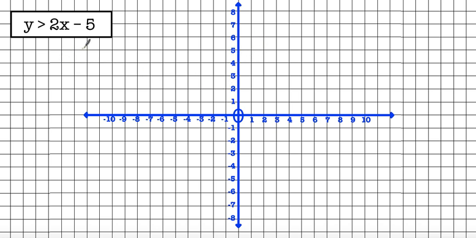Here we have our slope, which is 2 over 1, and here we have our y-intercept, which is negative 5.